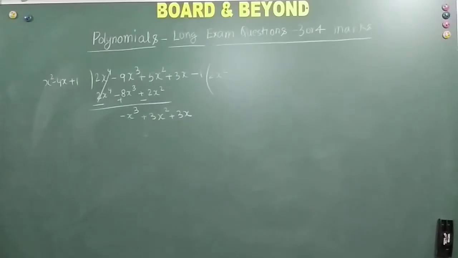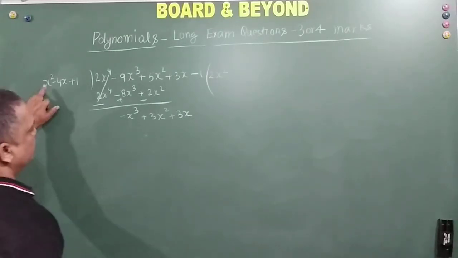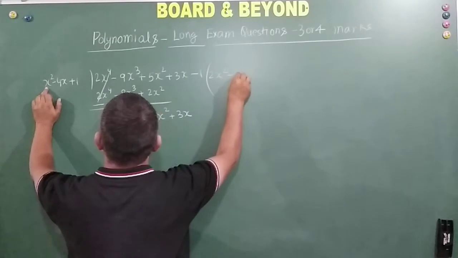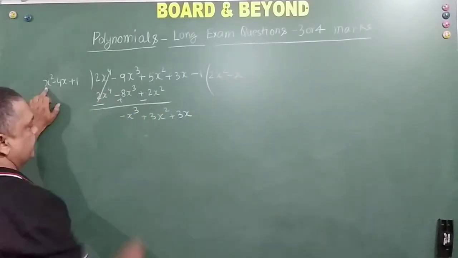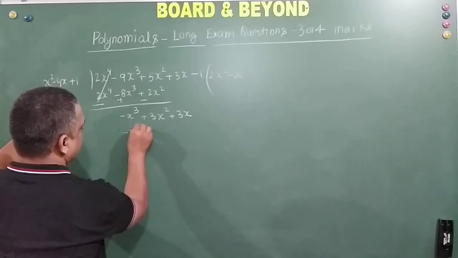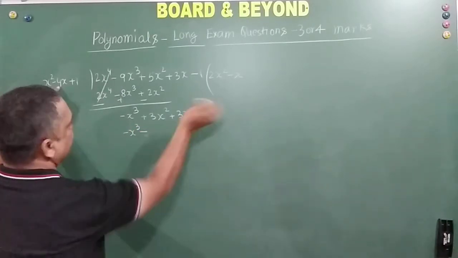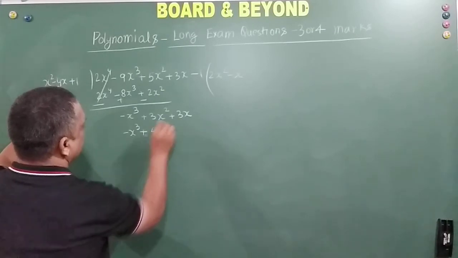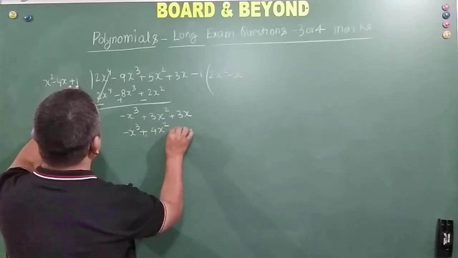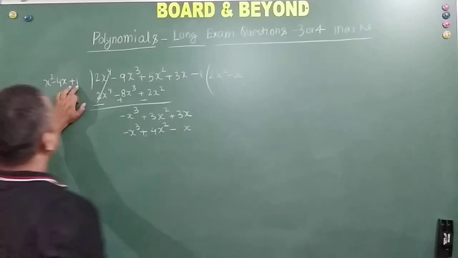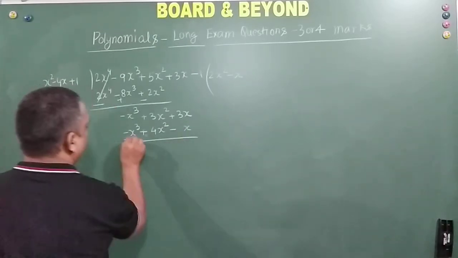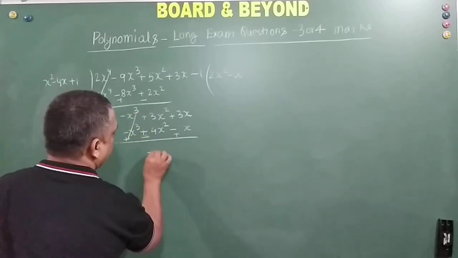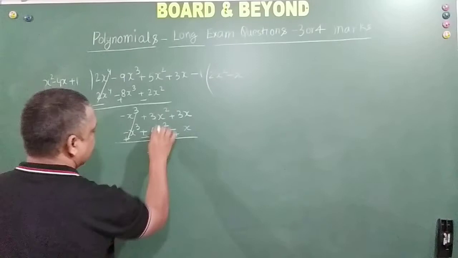Now I need to get x cube here, that too with a minus sign, so I just multiply with x. So this becomes minus x cube, and minus into minus gets plus 4x square, and this becomes minus x. Plus, minus and plus get cancelled, and this is minus x square now left with us.